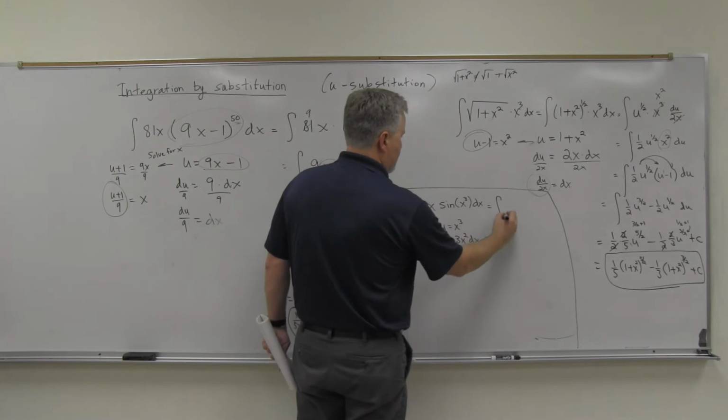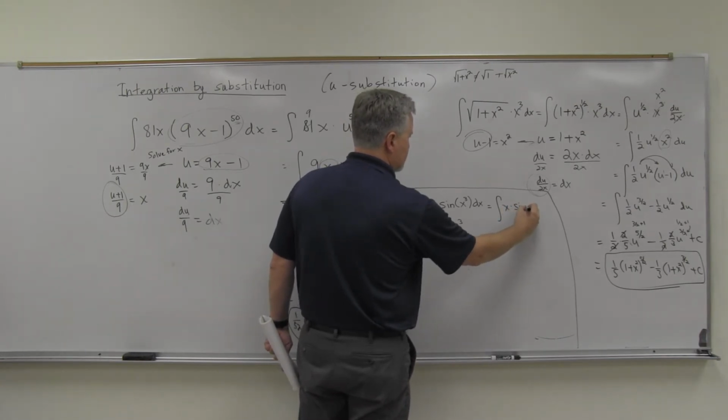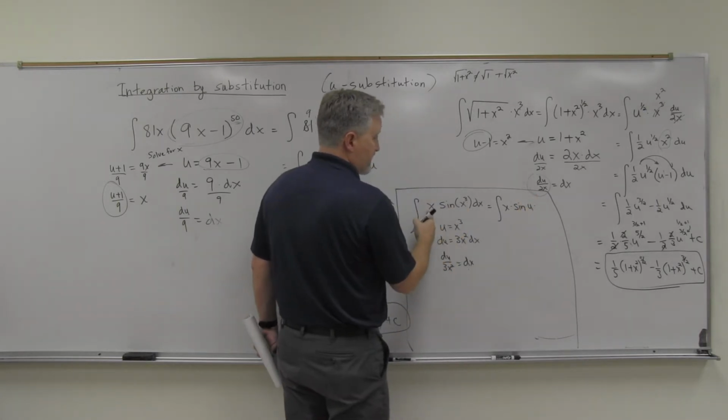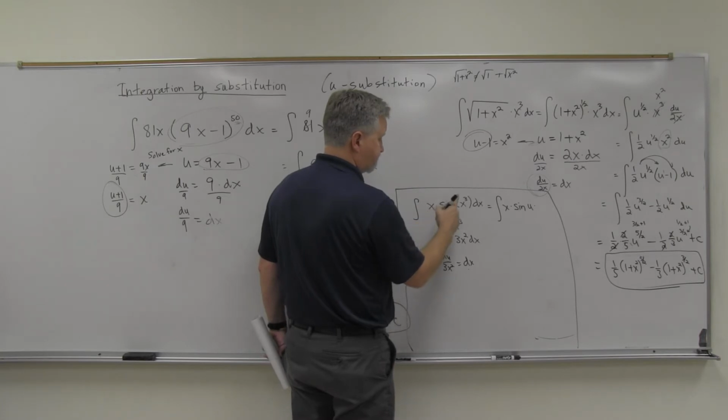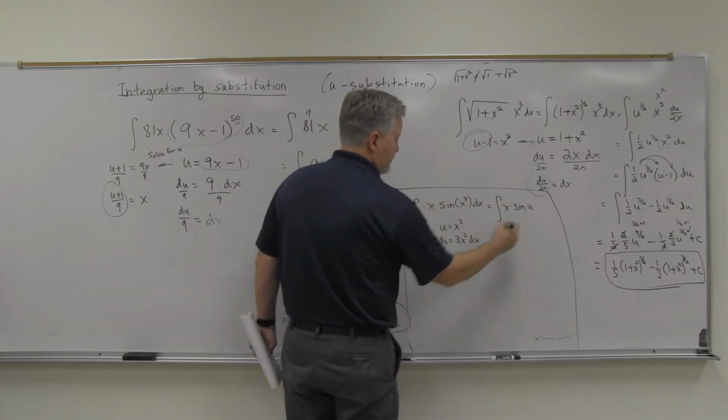So make those substitutions. x cubed is u, so it'll be sine of u. And then dx is du over 3x squared. The x in front I'm going to leave for the time being.